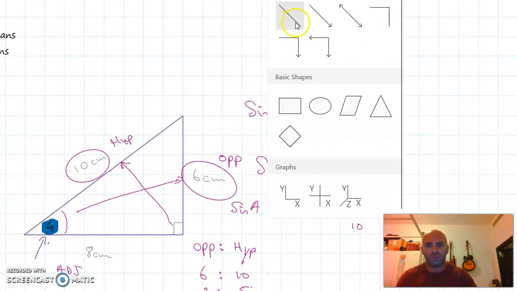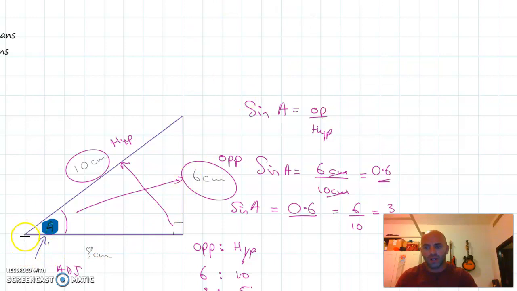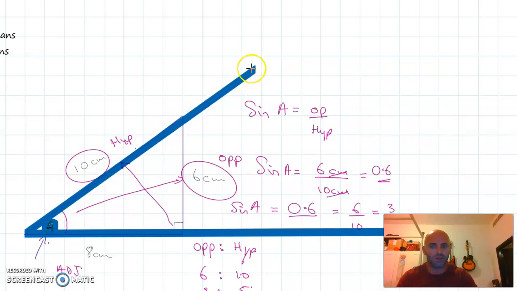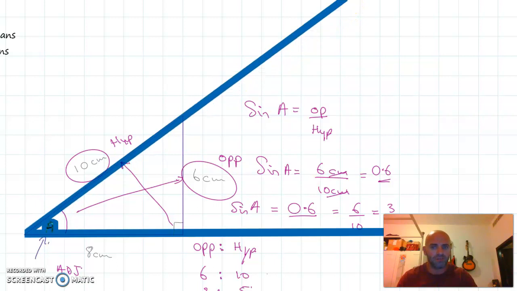If I was to make that triangle really big, much bigger, so long as I kept the same ratio of the side opposite and the side hypotenuse, then the angle has to stay the same because it's the same angle in that corner. So I'll make it as big as the screen will allow me.